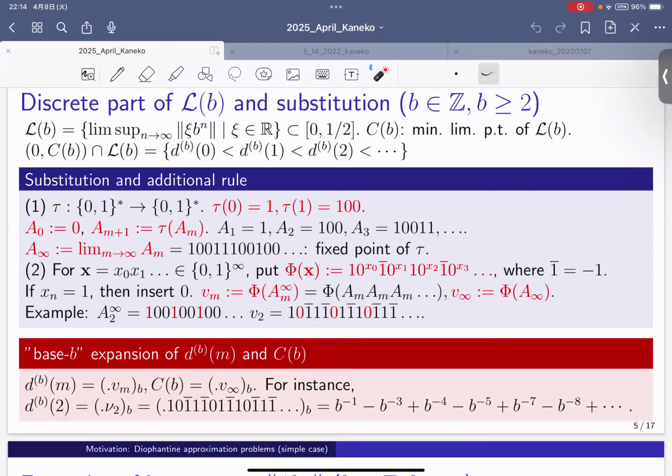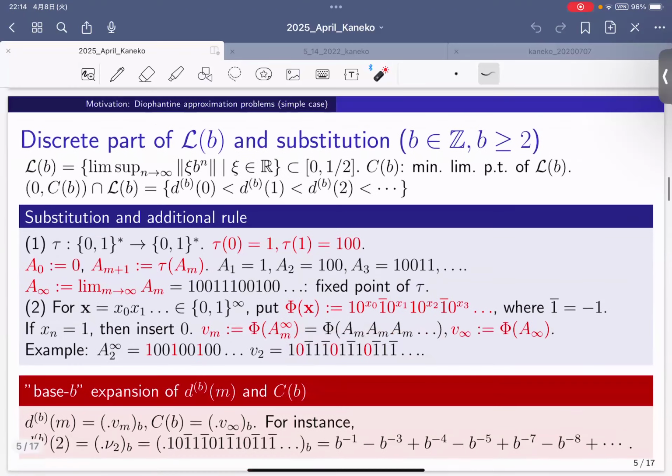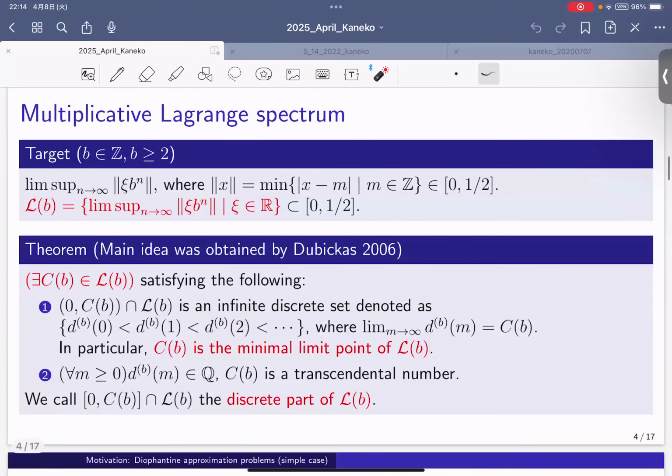The next one is an example by V_2. So D_{B,2} is here, and it is written by this V_2, and this is the base B expansion. And 1-bar corresponds to -1. And the third one is written like this. It's a rational number because this part is periodic.